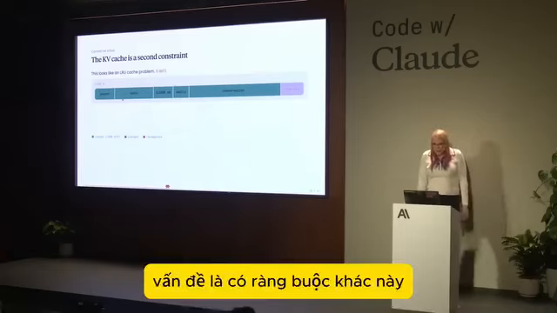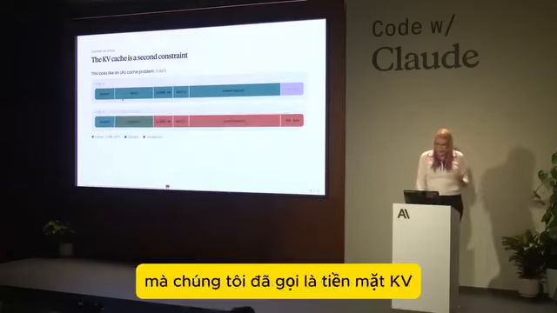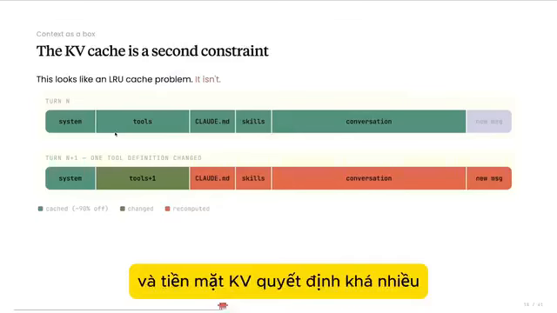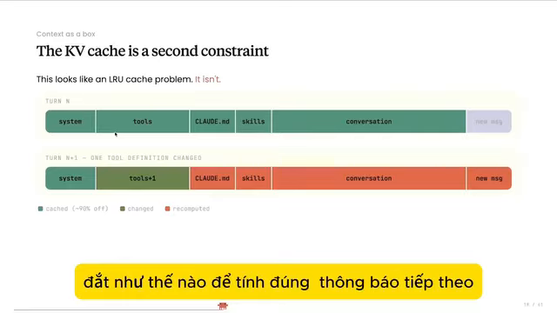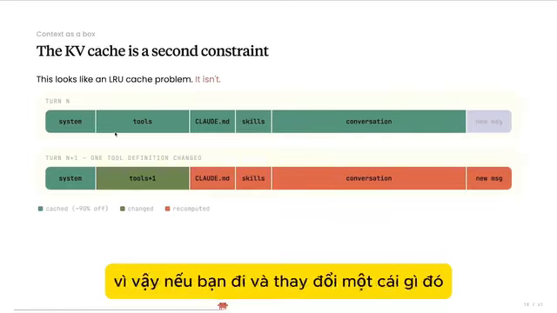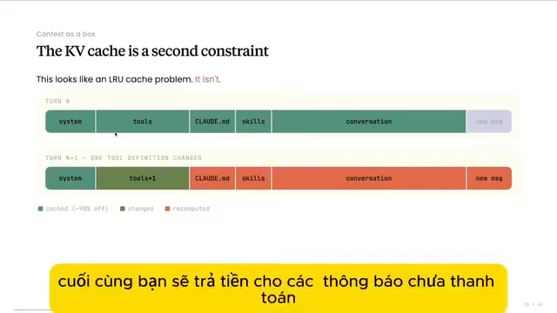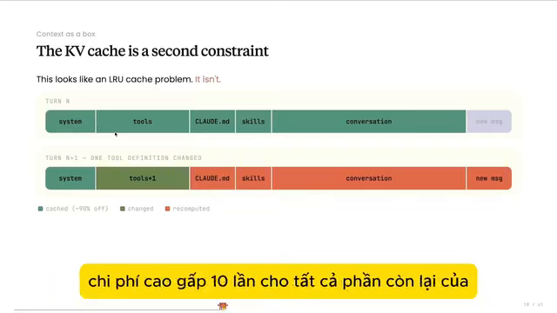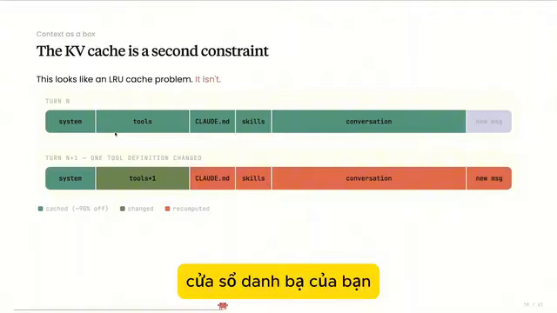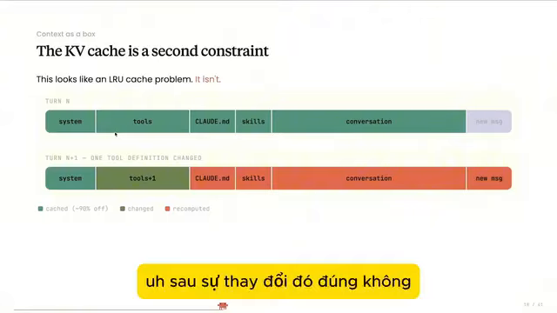The problem is that there's this other constraint that we have called the KV cache. And the KV cache pretty heavily determines how expensive it is to calculate the next token. So if you go and change something really early in the prompt, you're going to end up paying for uncached tokens, which cost 10 times as much, for all of the rest of your context window after that change.